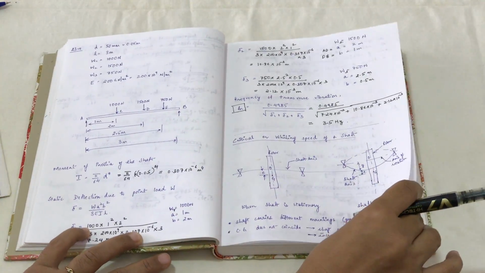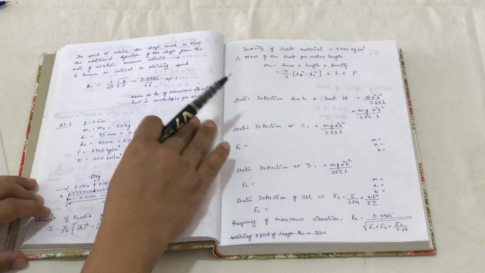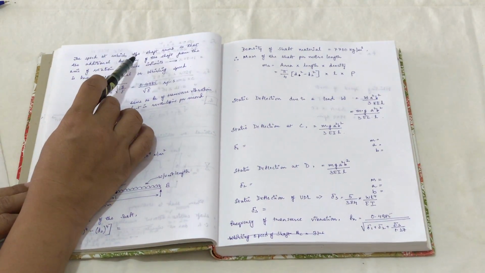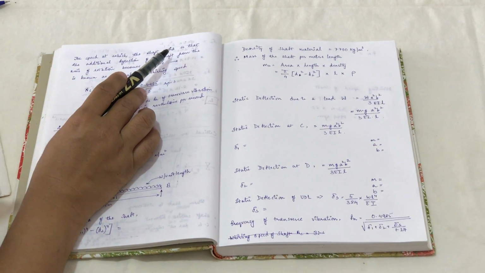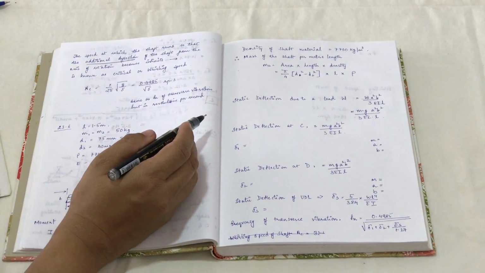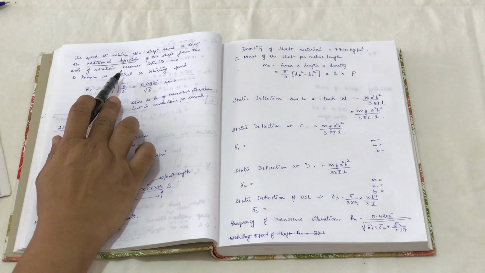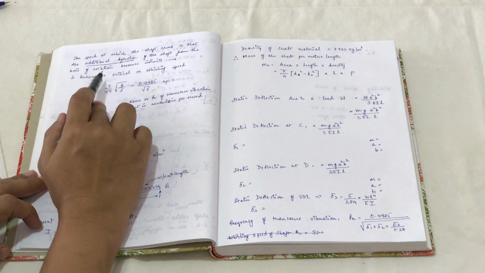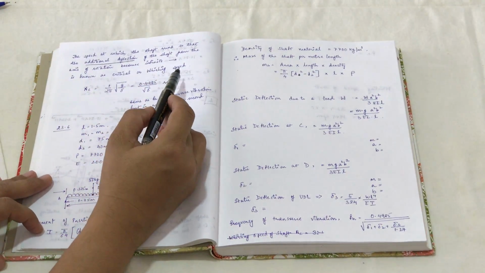By definition, the speed at which the shaft runs, so that additional deflection of the shaft from the axis of rotation becomes infinite, is known as critical or whirling speed.